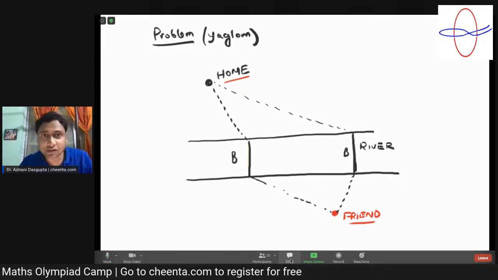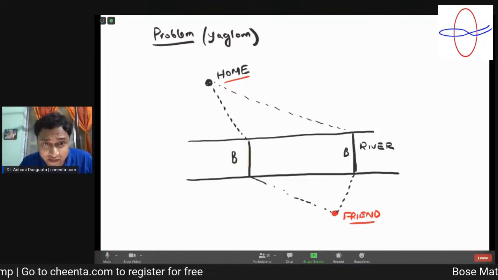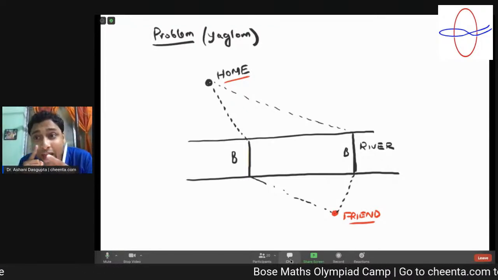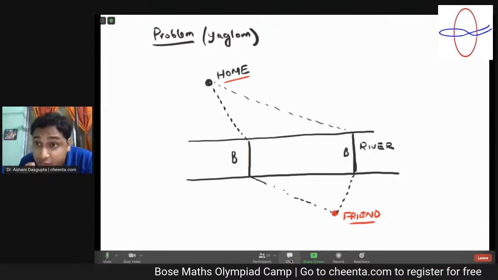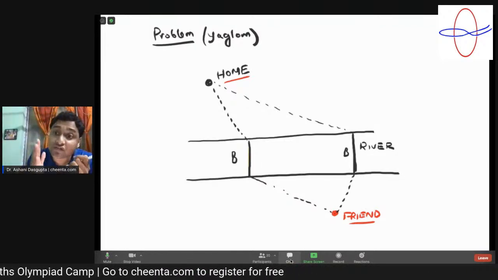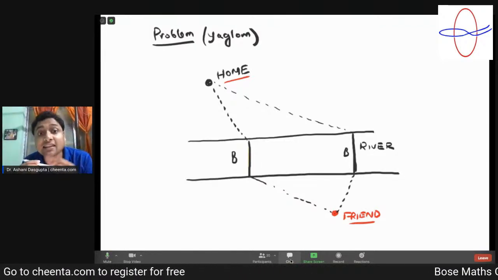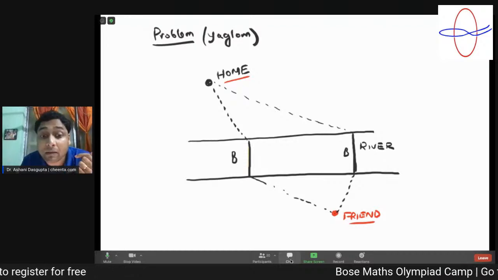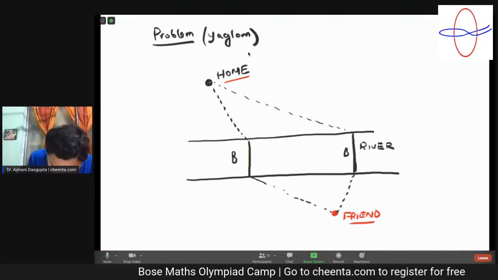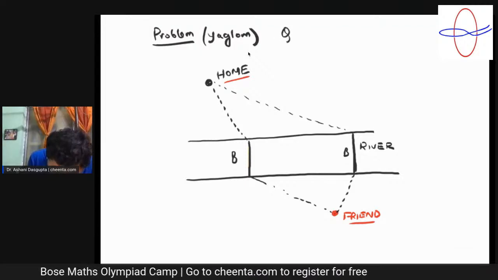Okay, so now that we are good on that, the question is, what is the optimal position of the bridge? Where should we construct the bridge such that the distance traveled is minimum? So here is the question. I'll write it down.